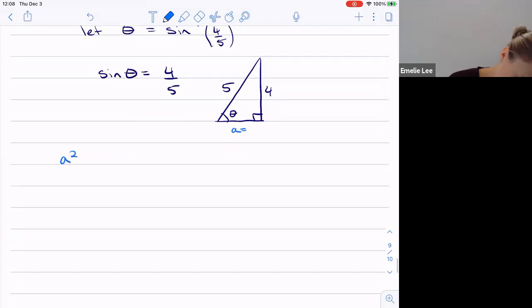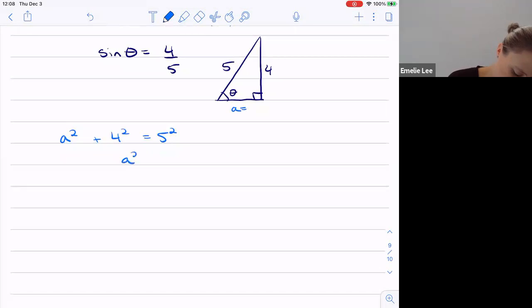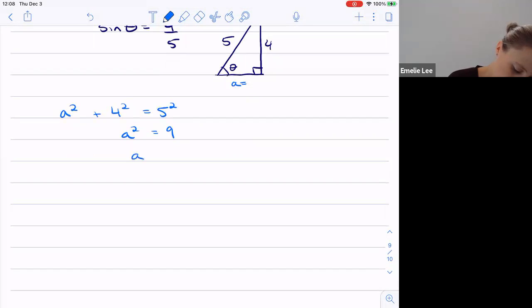Now I have to solve for that: A squared plus 4 squared equals 5 squared. So A squared is 25 minus 16, which is 9. So A must be 3.